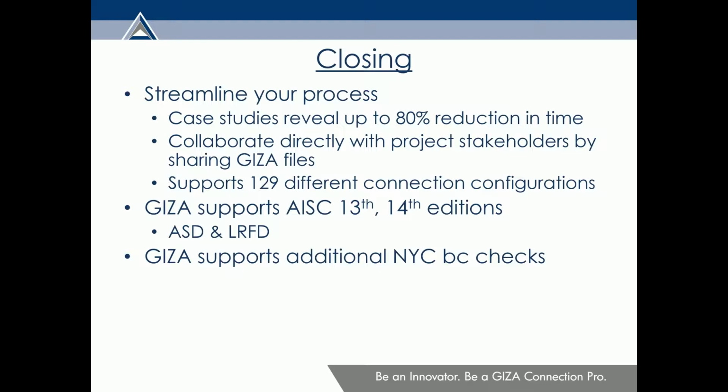There are a few additional checks that the New York City building code requires, and we cover those as well. We work with combined load conditions, just as a reminder. If you have a brace and a lateral member, we can look at those combined forces and apply them into the connection design process automatically.